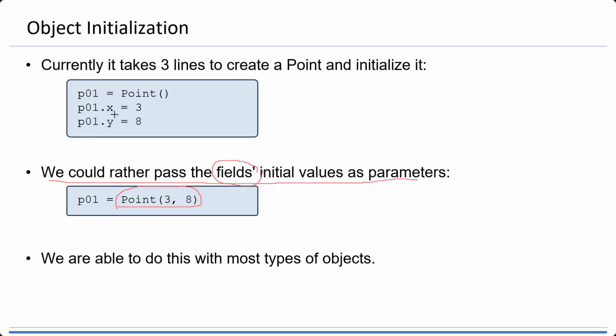We don't need to define x equal to 3, y equal to 8 separately, but we put the 3 in the parameter. We are able to do this with most types of object, so you can do it with integer, string, floats, and so on. Now let's take a look.